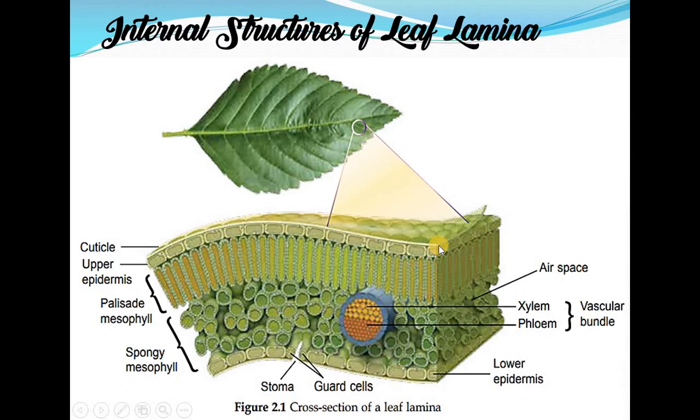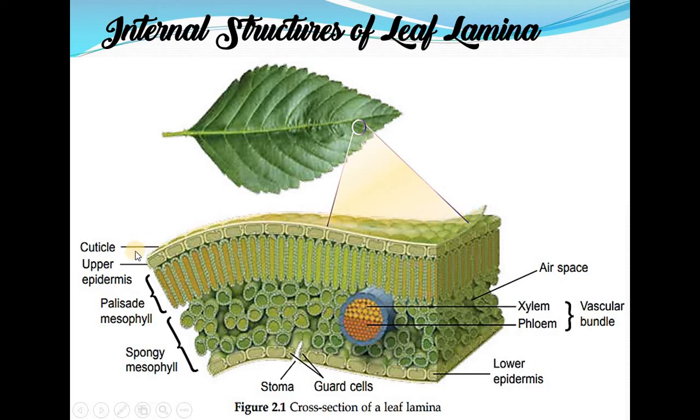Now we look at the internal structure of a leaf lamina. This is the cross section of a leaf lamina. Identify the layers here, and you have to memorize the layers, the cells that are involved. First, the top layer consists of the cuticle.